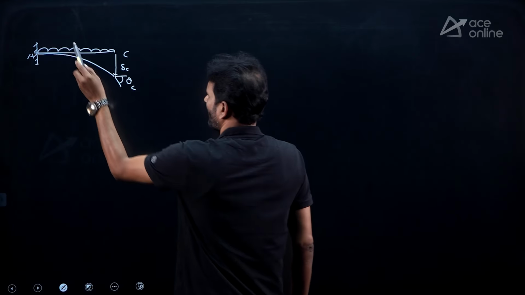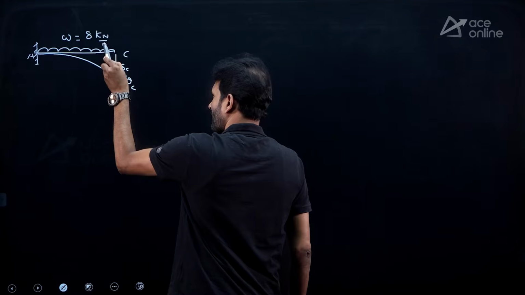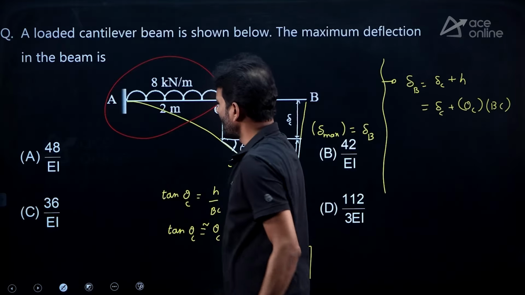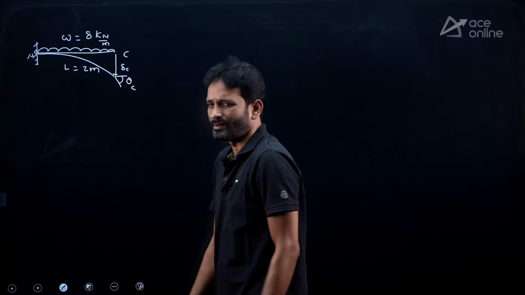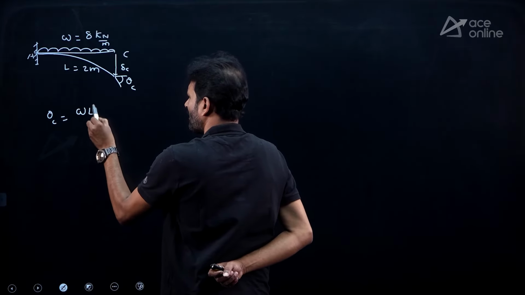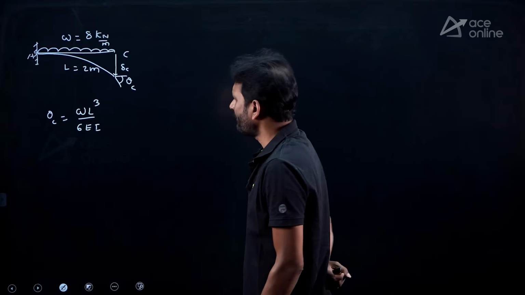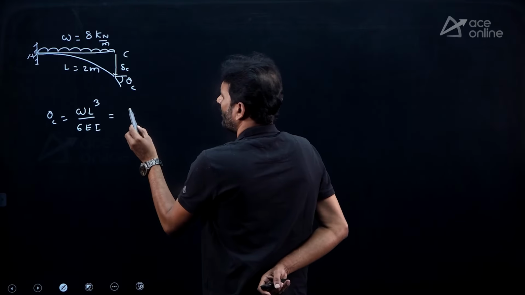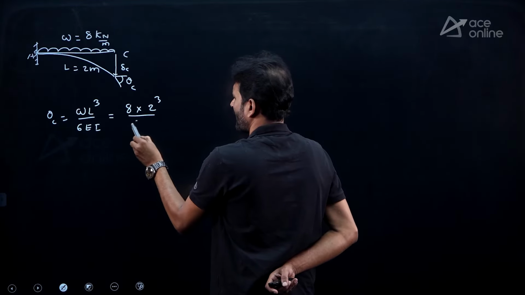So, omega, how much do we have? Omega is given as 8 kilonewton per meter. L is given as, for the AC length, 2 meters. So theta C, for the standard case, is omega L cube divided by 6 EI. Omega is 8, L value 2 cube divided by 6 EI.